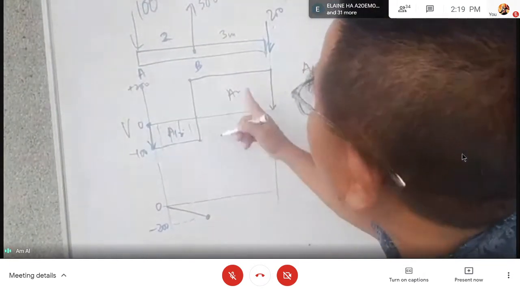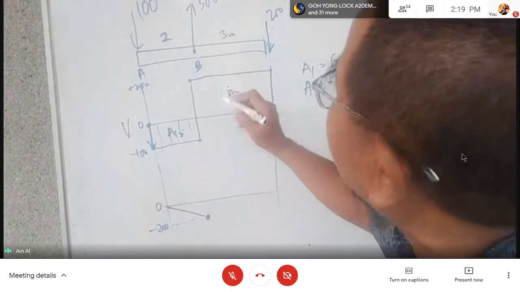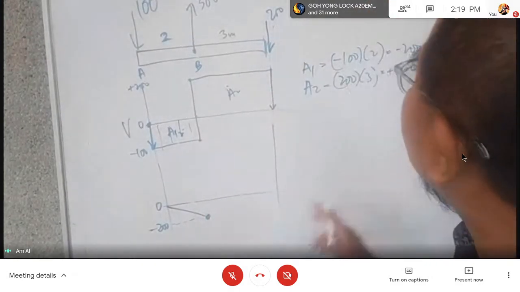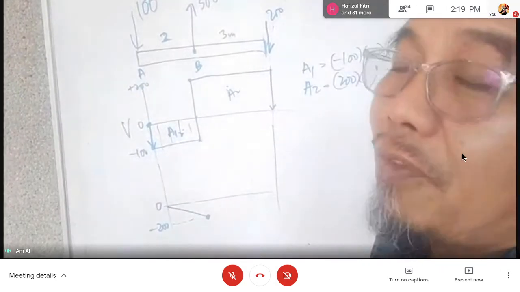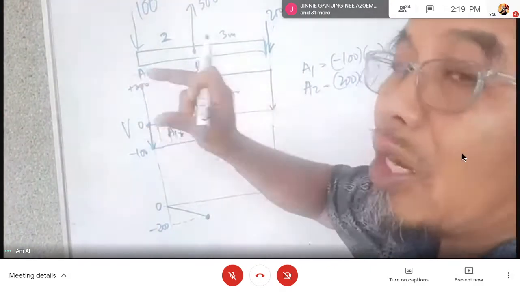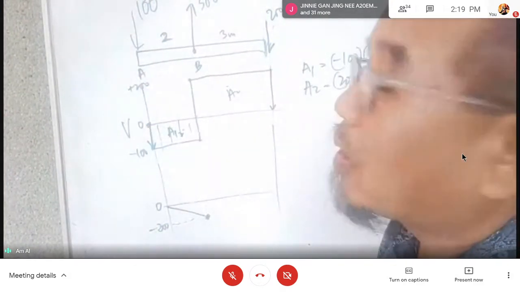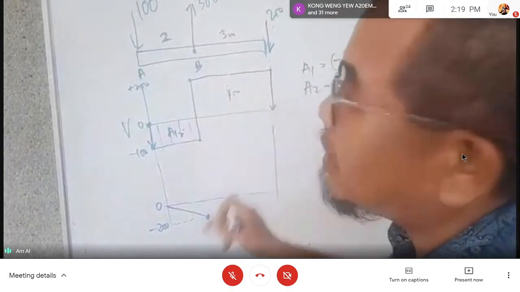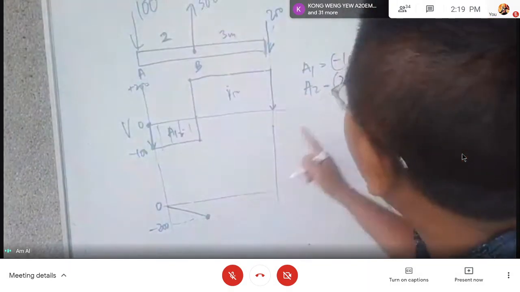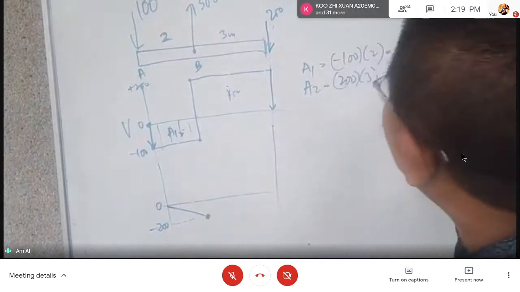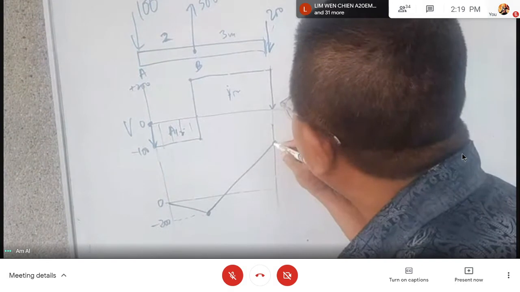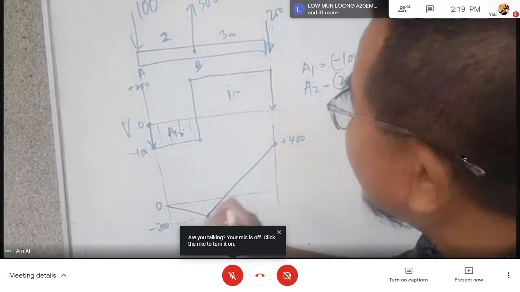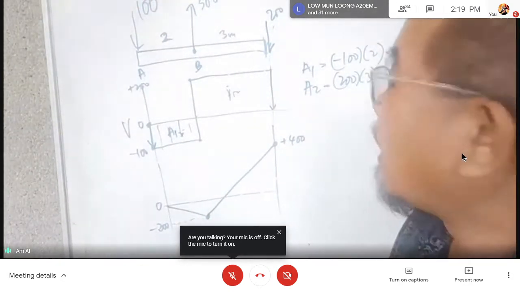And then from here, you must go up this much because this is positive area, 600. You go gradually, but in a constant straight line because the change is constant. So negative 200 plus 600 must go to 400 there. This is how you draw the graph.